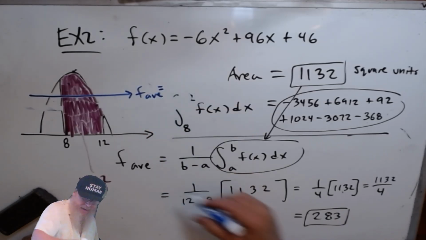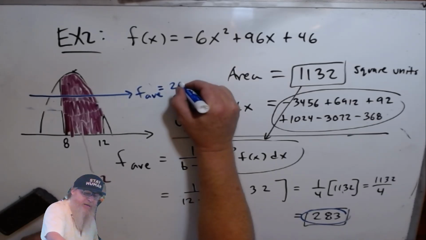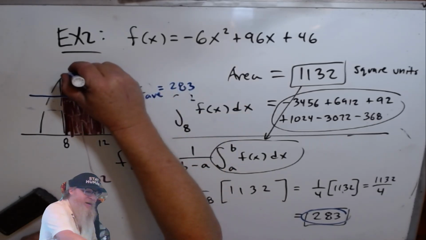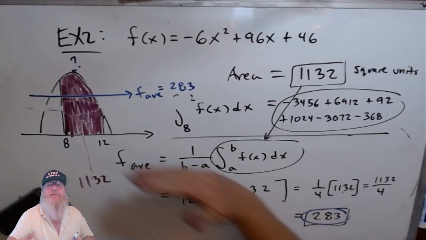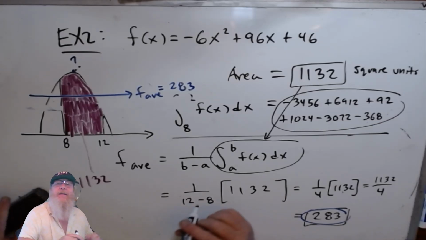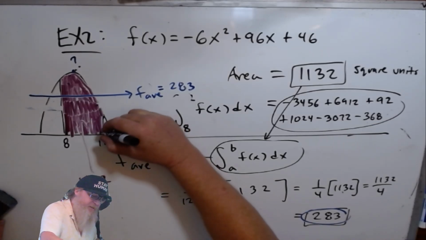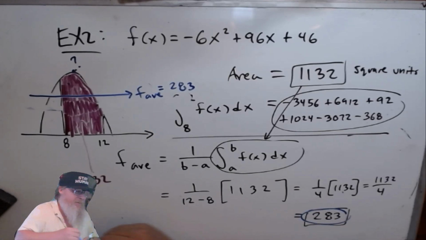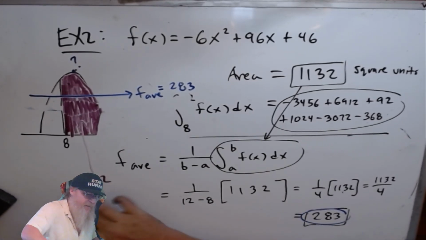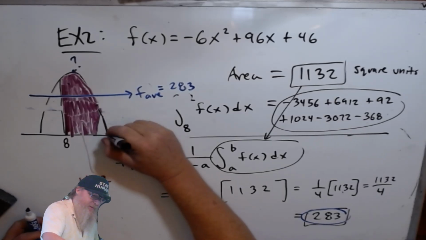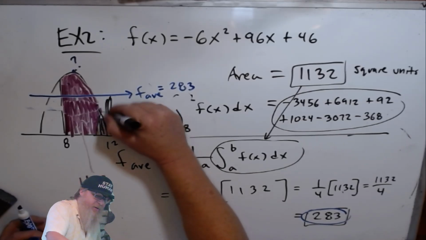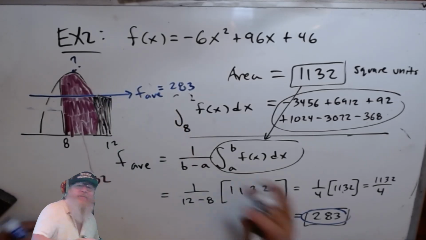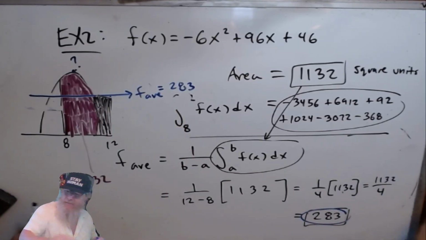So the average value was 283. I don't really know how high that is. I haven't bothered to calculate it. It's definitely higher than 283, right? And then if I made this rectangle and I filled in all of this gap right here, my drawing is not very good, I'll have to admit.